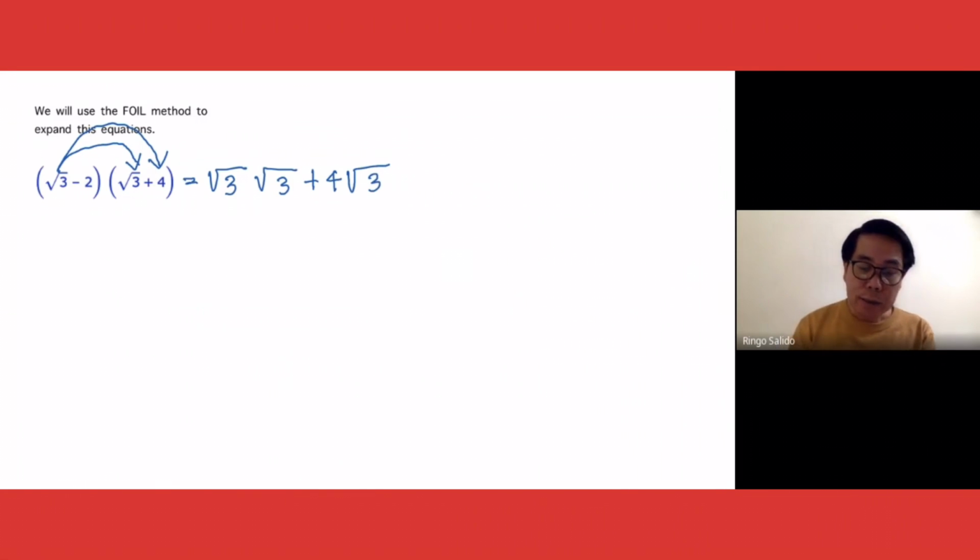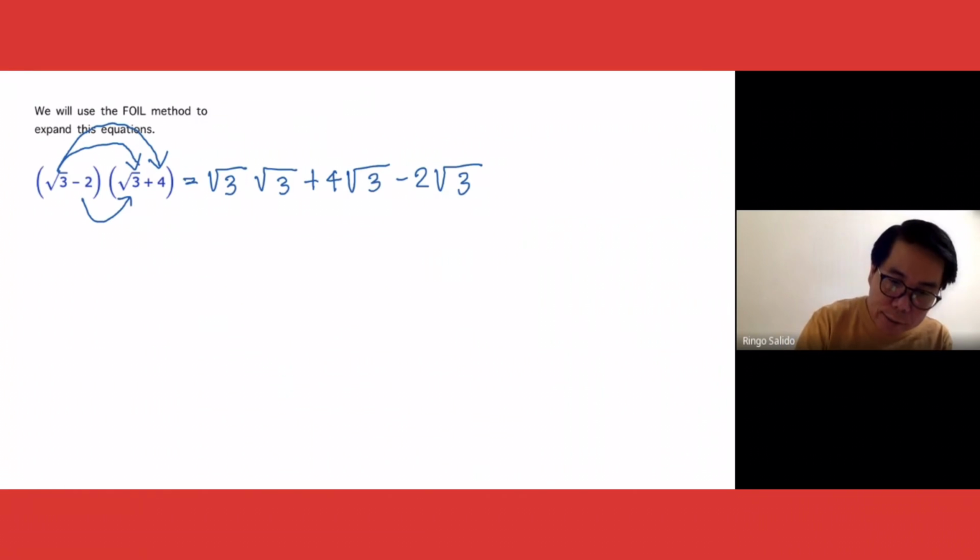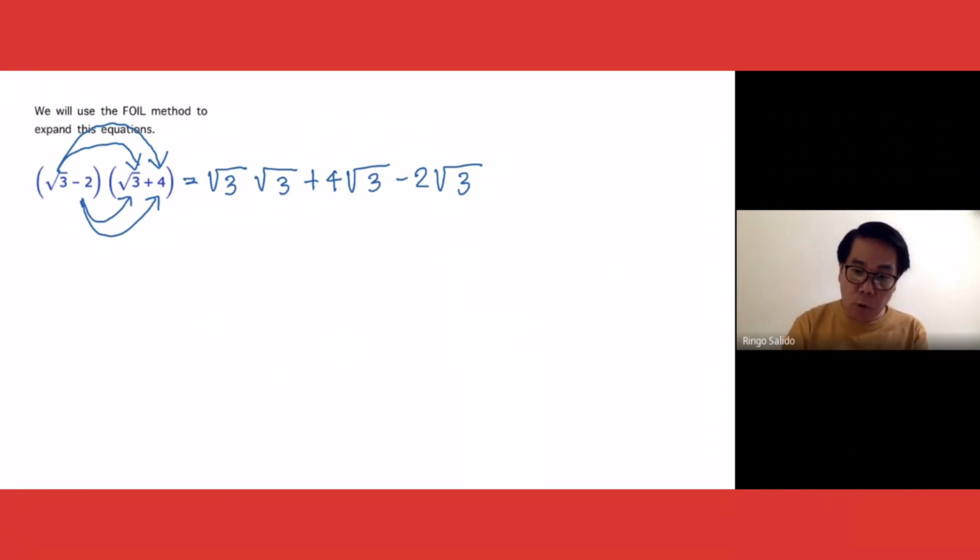Then let's proceed to the inside. Negative 2 times root of 3 is negative 2 times root of 3. And then the last one is negative 2 times positive 4, which is negative 8.